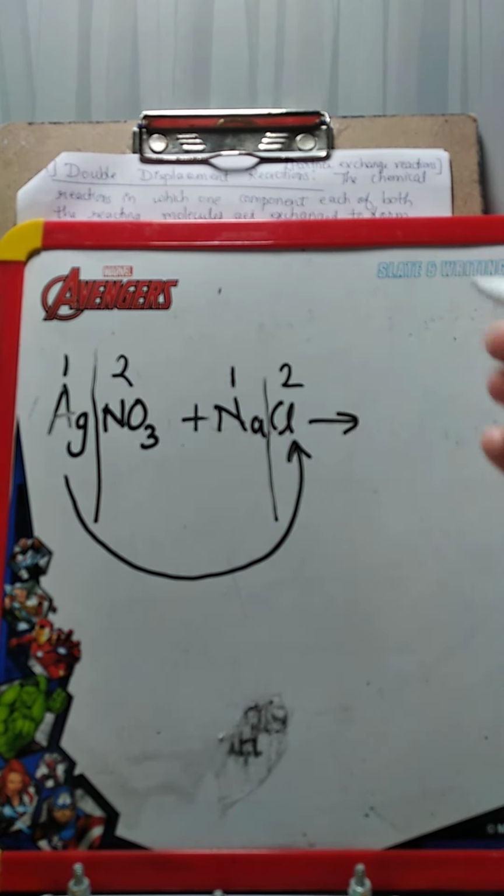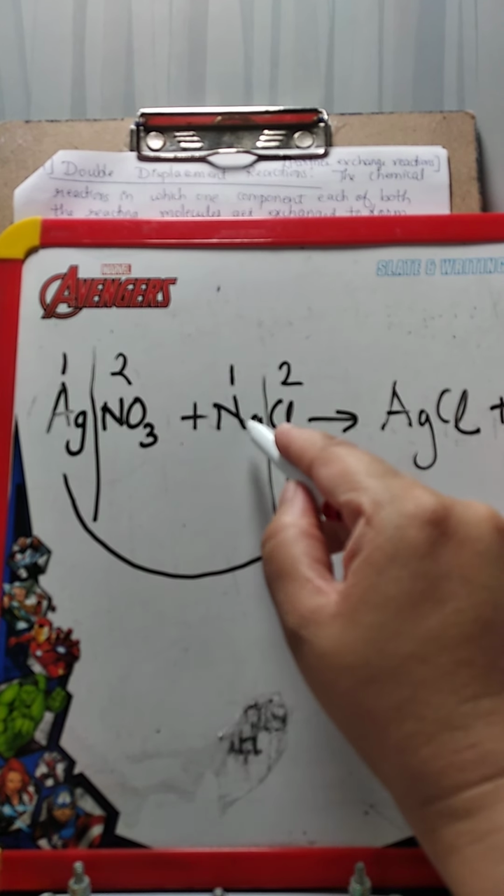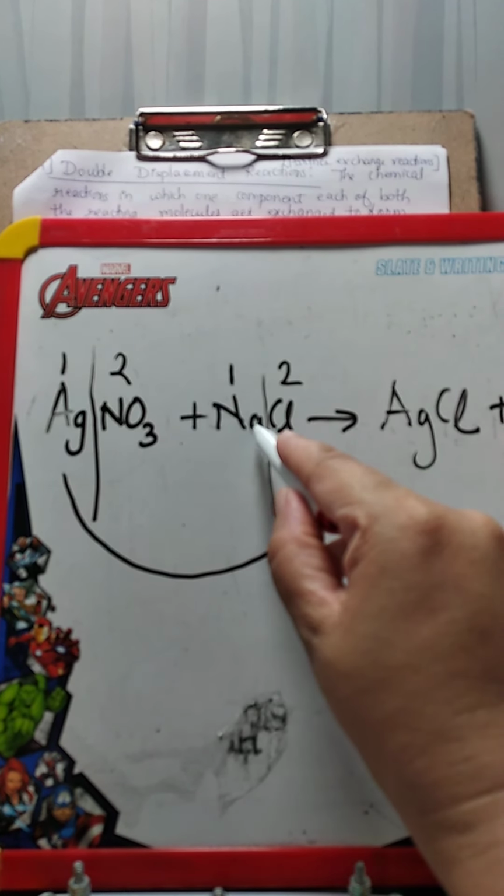That is why AgCl is formed. Plus the first part of the second reactant combines with the second part of the first reactant like this. That is why one more compound is formed, which is NaNO3.